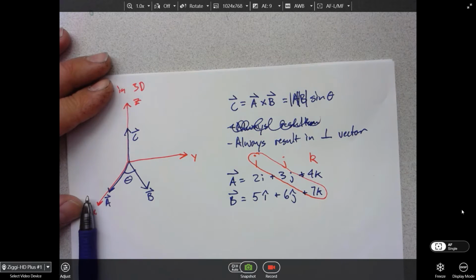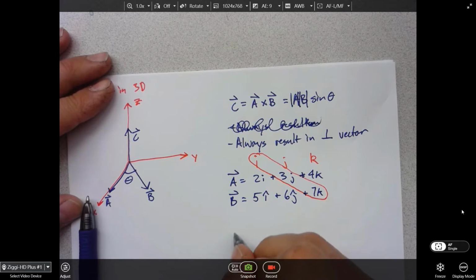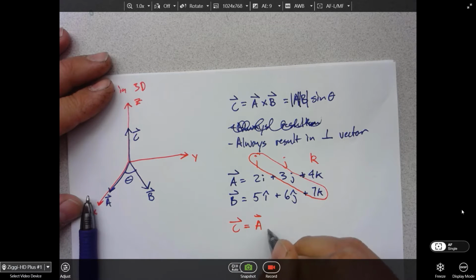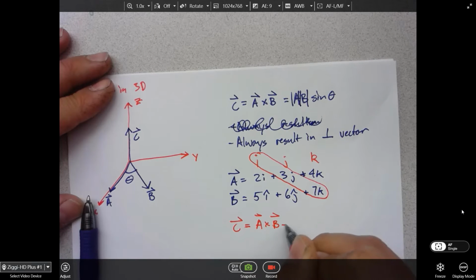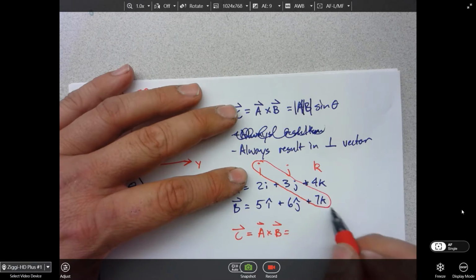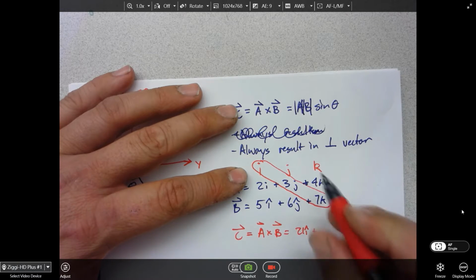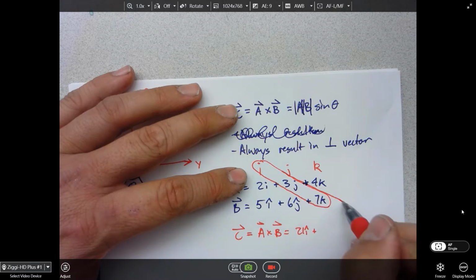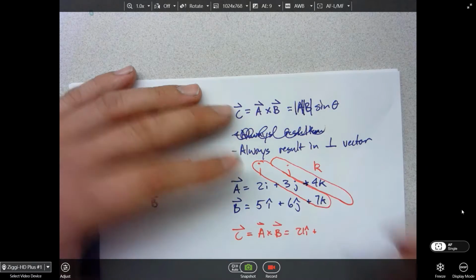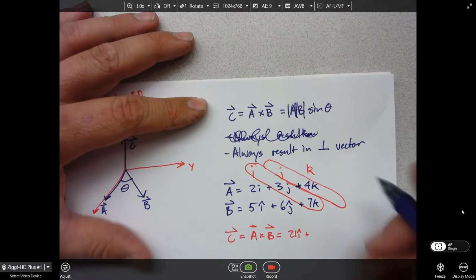I'm going to say that C, which is the cross product of A cross B, would be equal to 3 times 7 is 21 i hat plus j diagonal. To do this well, you really need to write the vector twice.